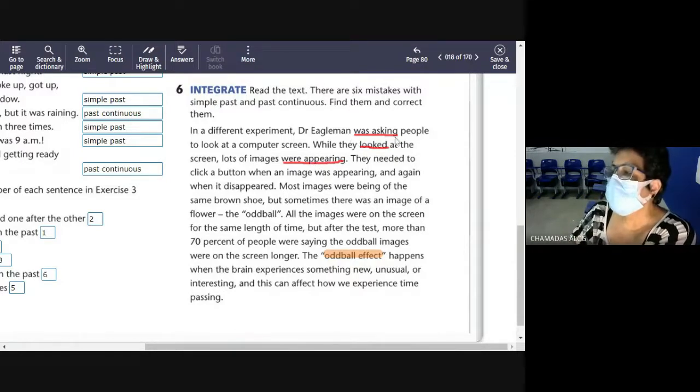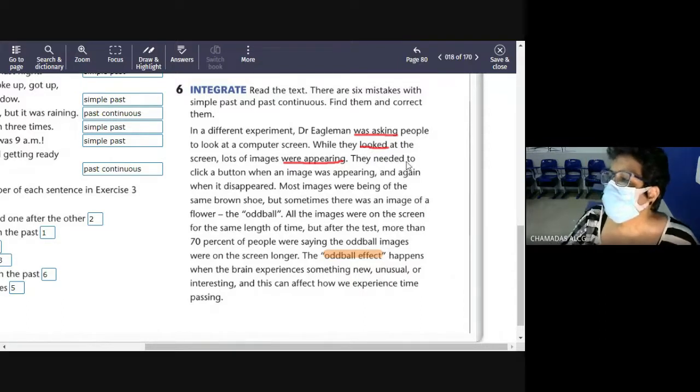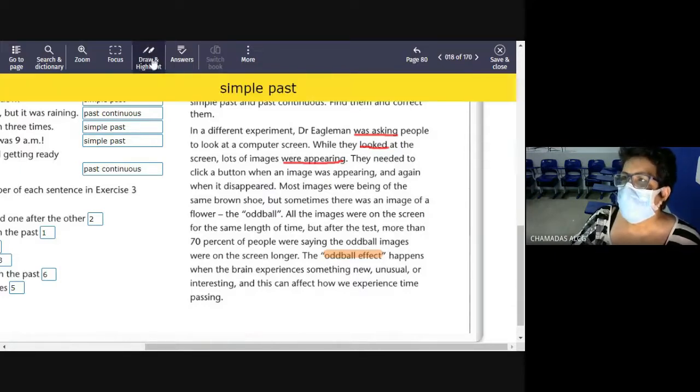And here, while they were looking, this is an action in progress. They needed to click a button when an image appeared. Simple past again.